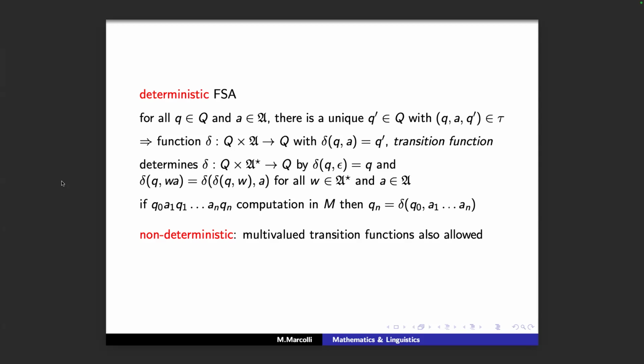Or it's non-deterministic if you have more than one such choice. So if you have more than one arrow in your graph going to two different vertices, but with the same label, which means that you have multiple ways of realizing the same word in your automaton and not necessarily a single unique one.